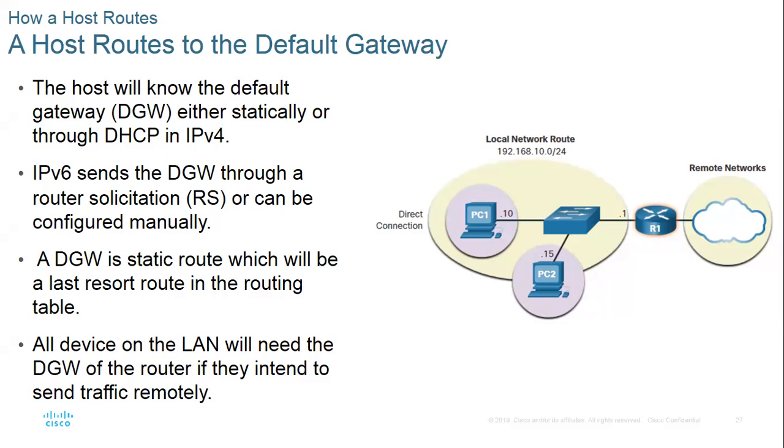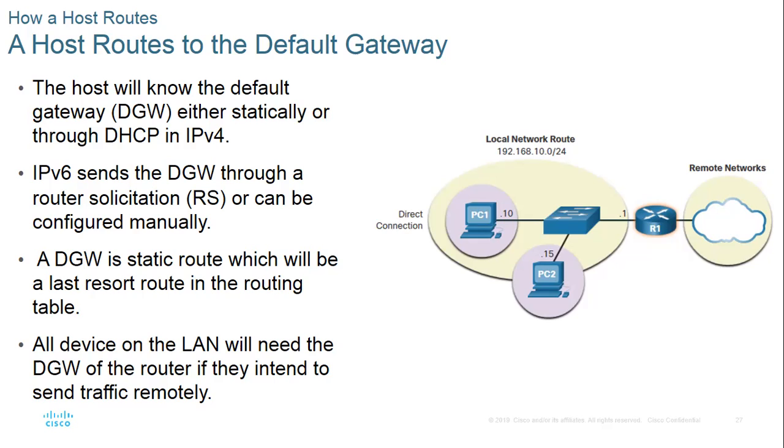So the host will know the default gateway. You configure PC1 with a default gateway, which means any destination address that doesn't fit within its own routing table is going to be forwarded to the default gateway. Usually, a default gateway is the router on the border of the network. How is it going to learn this default gateway address?